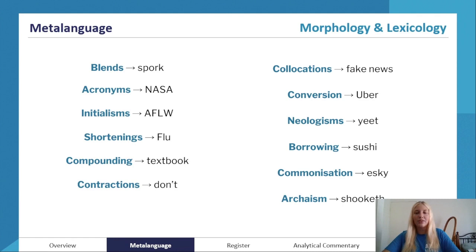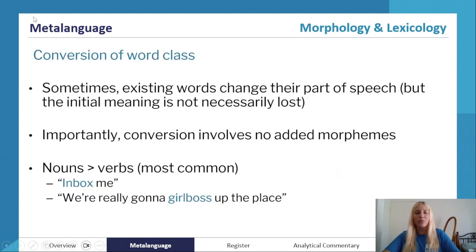So we'll look at conversion in more detail from this list. Conversion of word class is when sometimes existing words change their part of speech, but the initial meaning isn't necessarily lost.